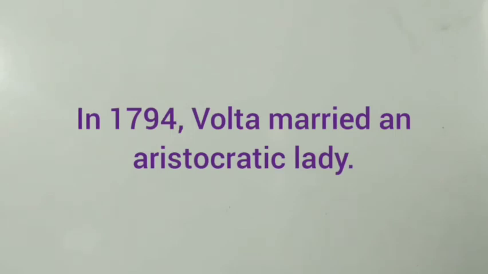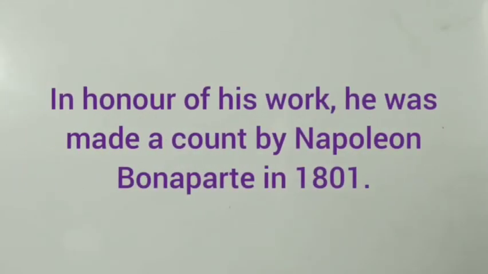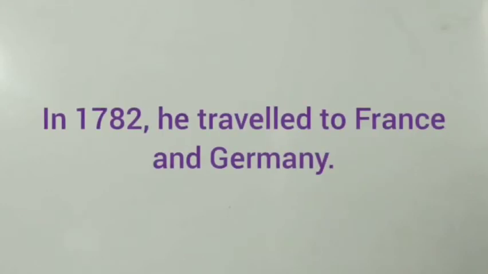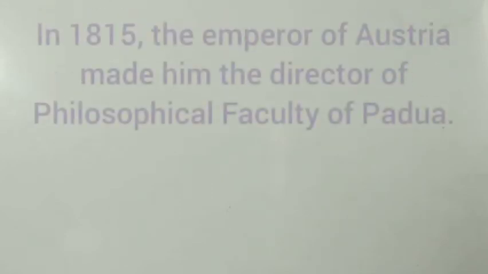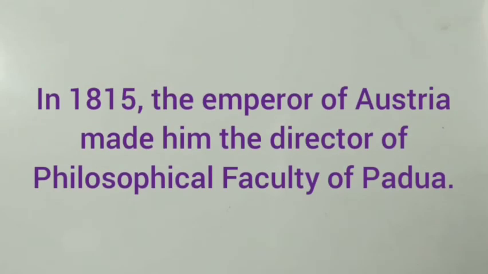In 1794, Volta married an aristocratic lady. In honor of his work, he was made a count by Napoleon Bonaparte in 1801. In 1782, he traveled to France and Germany. In 1815, the Emperor of Austria made him the director of the Philosophical Faculty of Padua.